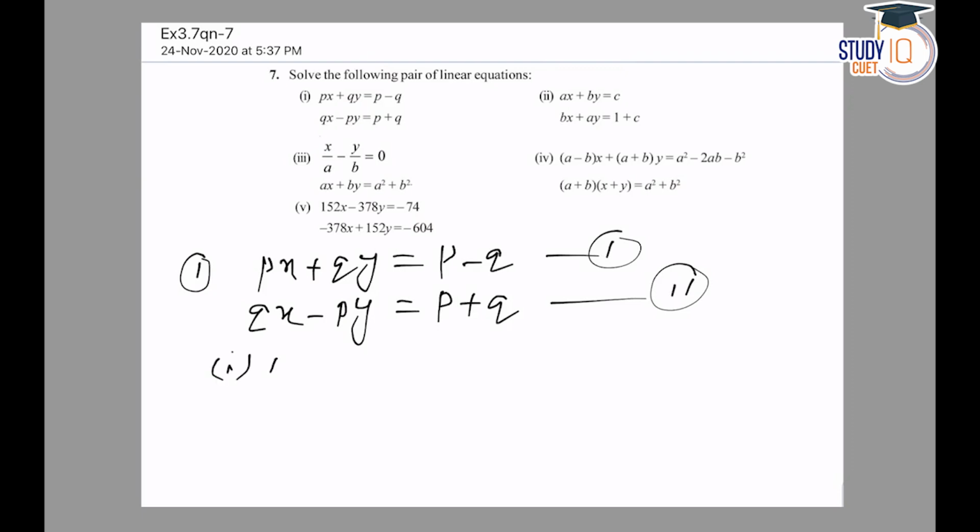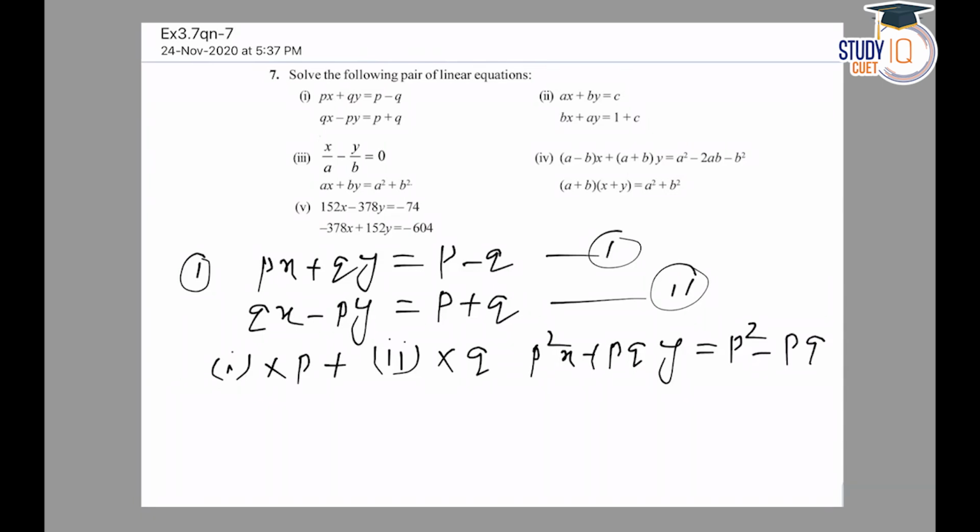So 1 into p plus 2 into q. We get p square x plus pqy equals p square minus pq, and from the second equation, q square x minus pqy equals pq plus q square.